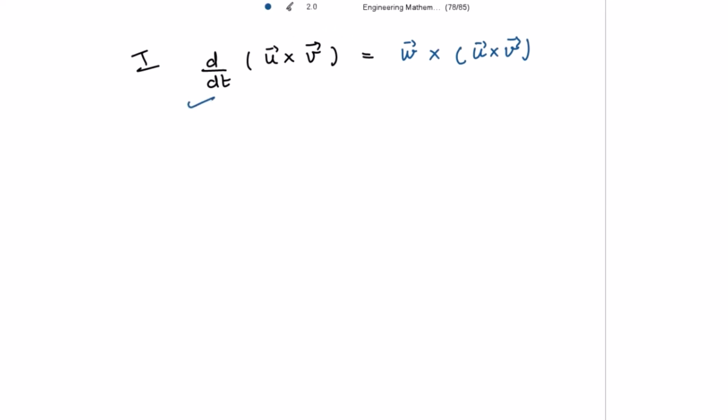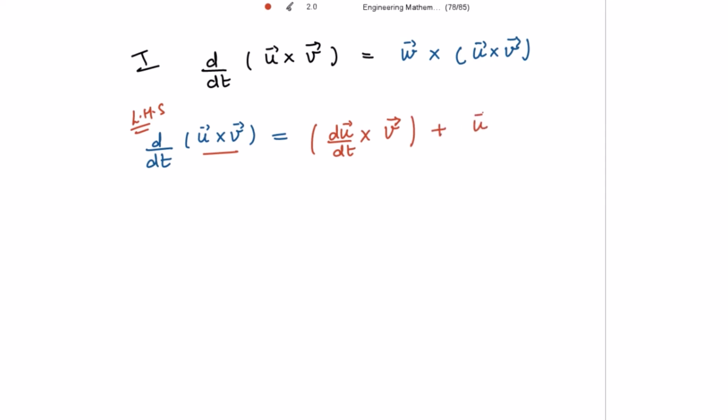Let's take the left hand side. So taking the derivative of the first vector and the cross product with the second vector, plus the first vector its cross product with the derivative of the second one. Very fine. Okay, so this is further equal to, what is du by dt given to us?